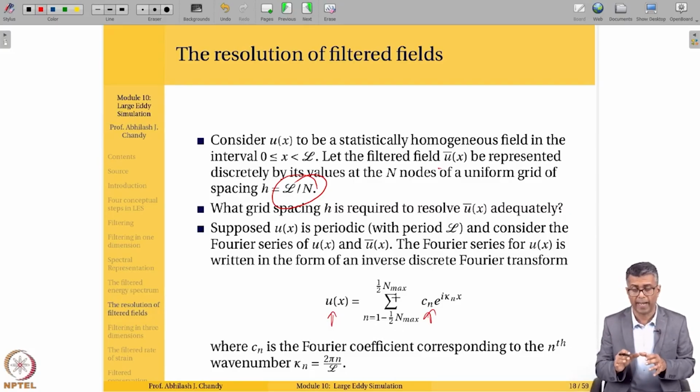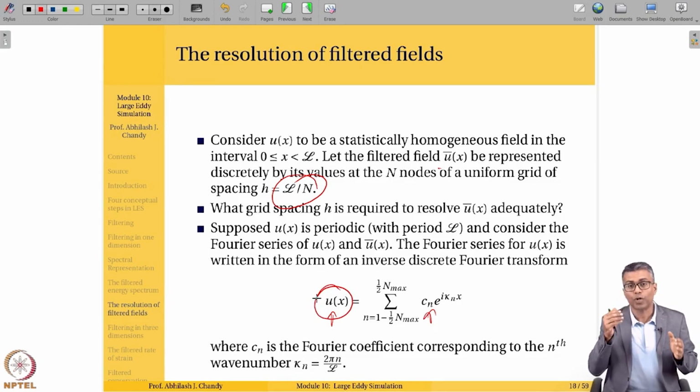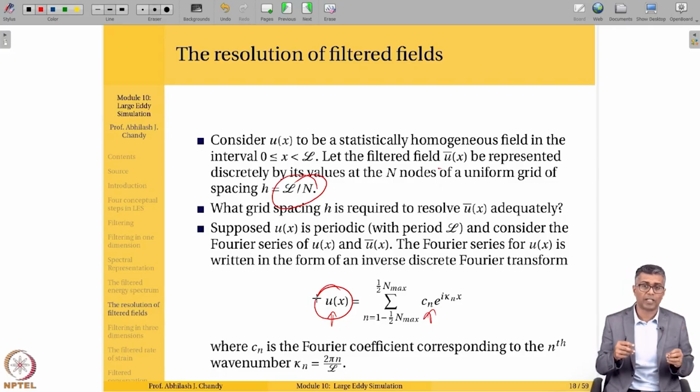Note that this corresponds to DNS. Remember, u of x is if your grid was DNS. If you are doing a direct numerical simulation, then your box is big enough to resolve all the length scales, and the grid size is small enough to resolve even the smallest length scale, which is the Kolmogorov scale.